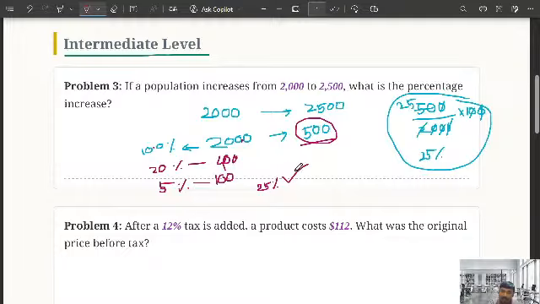So generally we do like this, but in competitive exams we do it in this process because this process looks lengthy, but this whole process will be in your mind if you learn this method.